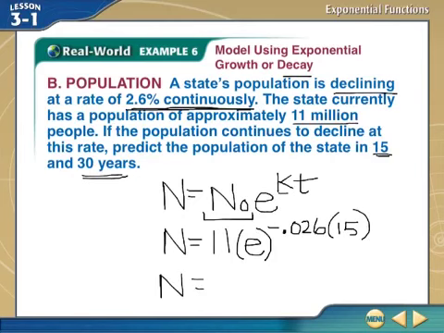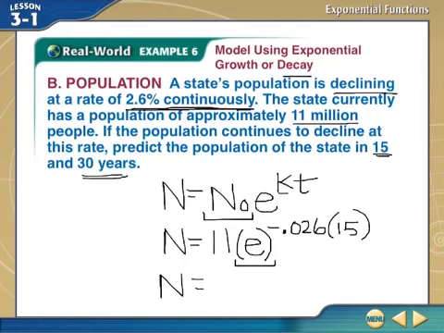So calculating our population after 15 years, I'm going to type in 11. This e can be found by pressing second ln on your calculator. That ln button is just to the left of the 4 on your calculator. So if I press second ln, that gives me that e.